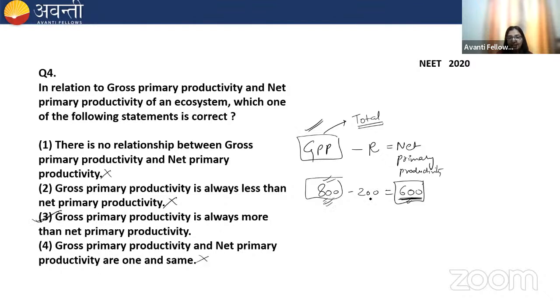No, they are different. This is the total biomass which is produced by the producer during photosynthesis. This is the amount of biomass which is available to the consumer. Okay, so they are not the same, they are different. I hope it is clear to everyone.